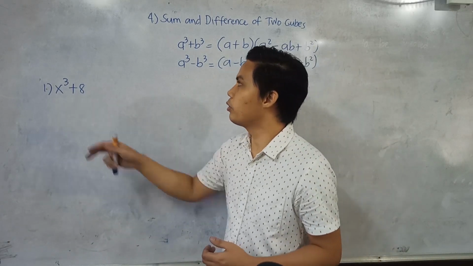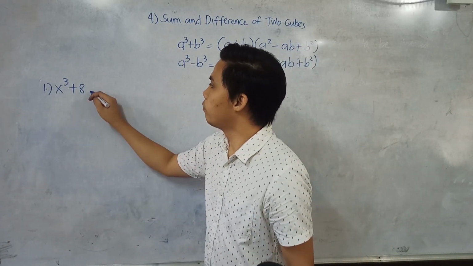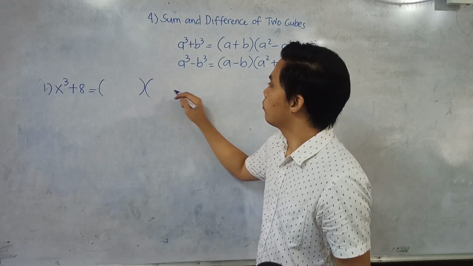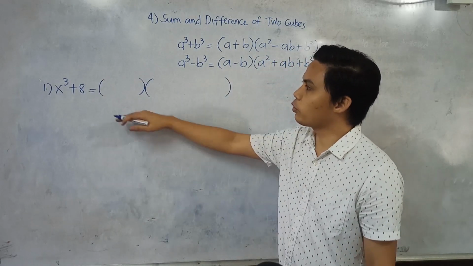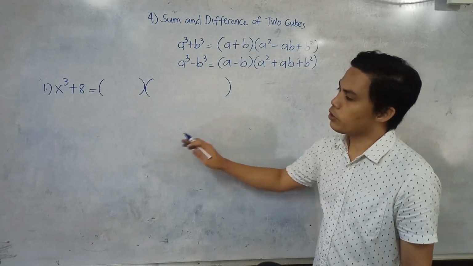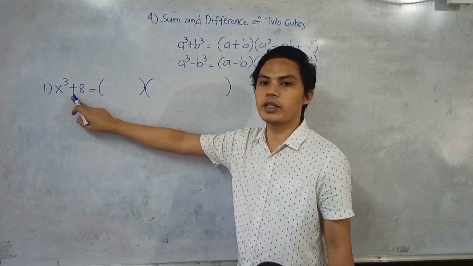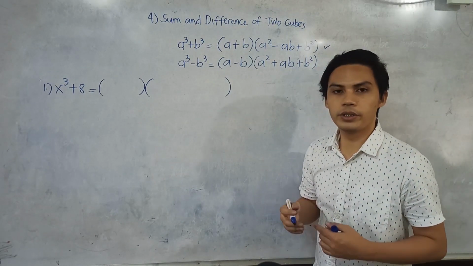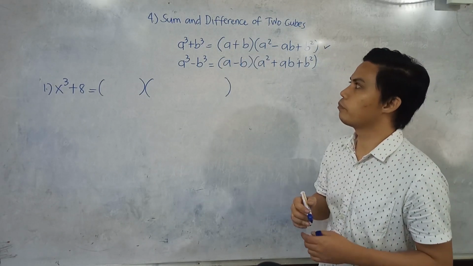Okay. Paano ba siya sasagutan? We have this form. So, susulat ko muna yung parenthesis. So, since positive yung operation natin sa gitna, then we're going to make use of the first form. Okay.